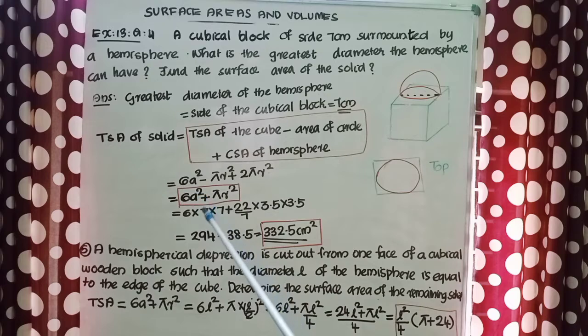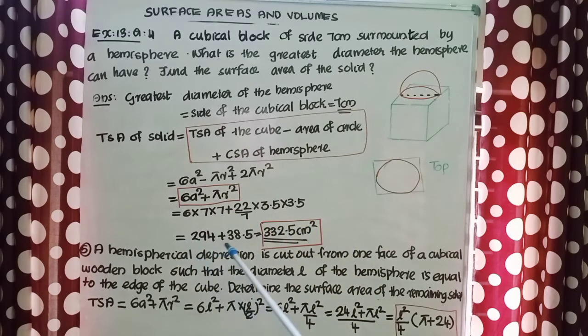So we get 6 into 7 into 7 plus 22 by 7 into 3.5 into 3.5. That is equal to 294 plus 38.5. That is equal to 332.5 centimeter square.